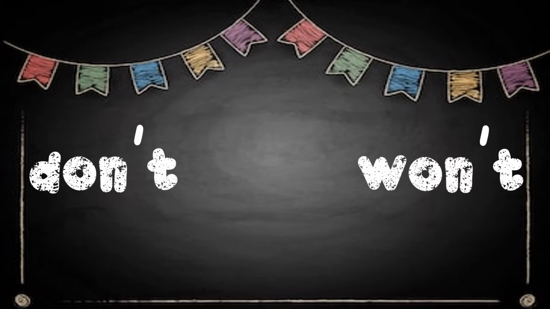Won't is short for the words will not. This contraction should say willn't, but it says won't. Because this contraction doesn't act like it should, we're going to make it a new sight word. Our other word, don't, is short for do not.